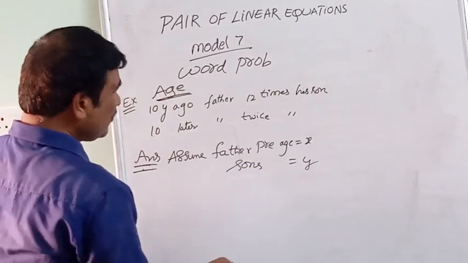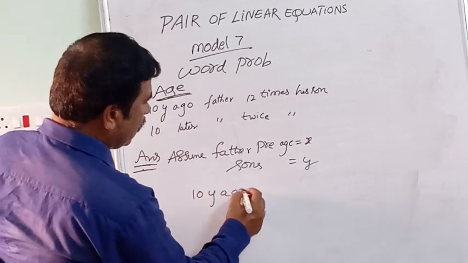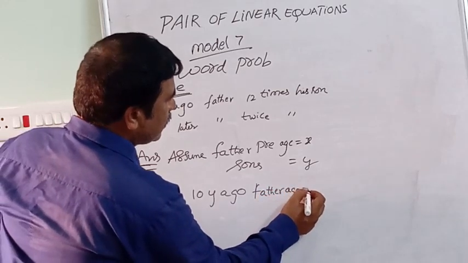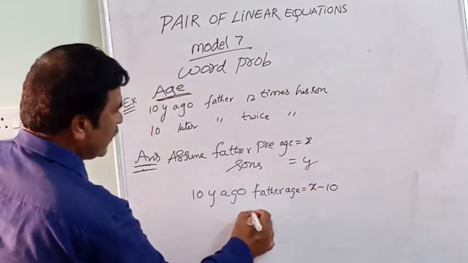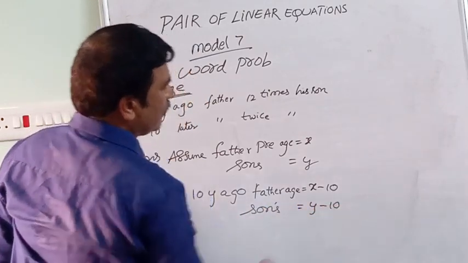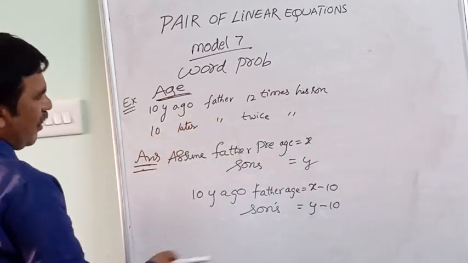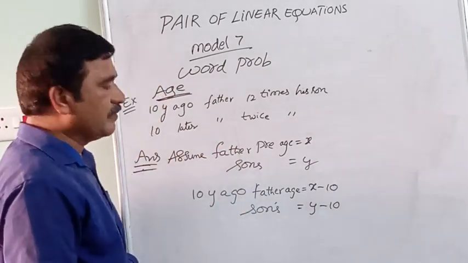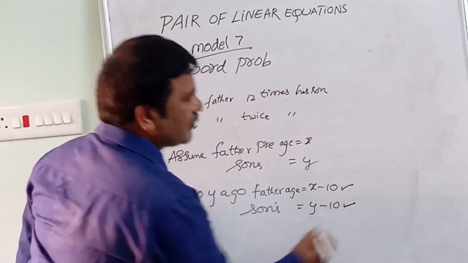Now 10 years ago, write their ages. 10 years ago, father's age: now it is x, so it is x minus 10. Son's age 10 years ago is just y minus 10. The second statement, 10 years later, we don't use now. First statement, first prepare an equation. See, 12 times his son, that means this is equal to 12 times this.